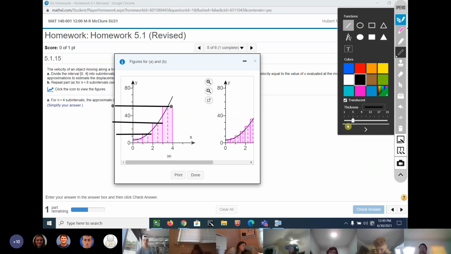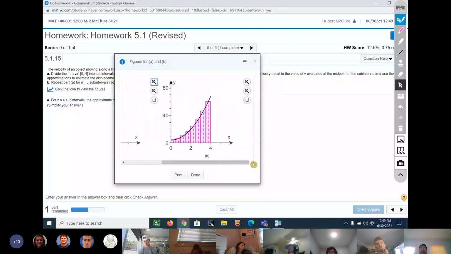All right, so let me erase all this. Let's go over to the other one. I want you to draw it out. Same graph at 5, going up, and instead of 4, you got 8.